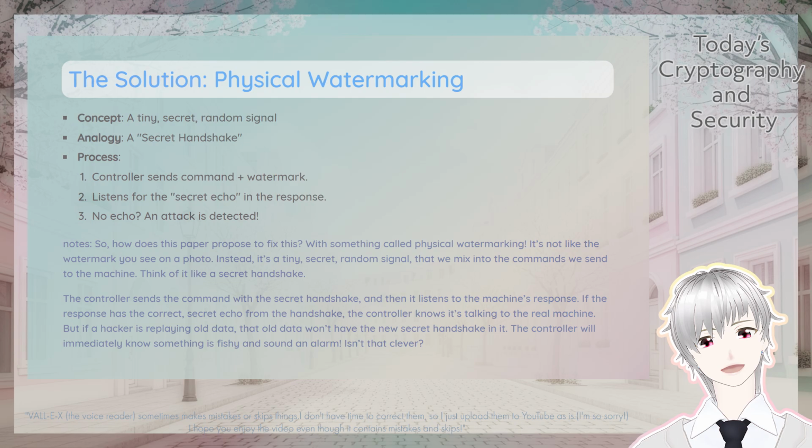If the response has the correct secret echo from the handshake, the controller knows it's talking to the real machine. But if a hacker is replaying old data, that old data won't have the new secret handshake in it. The controller will immediately know something is fishy and sound an alarm.